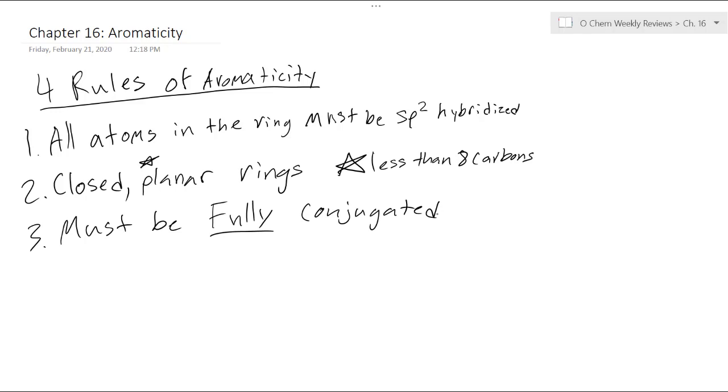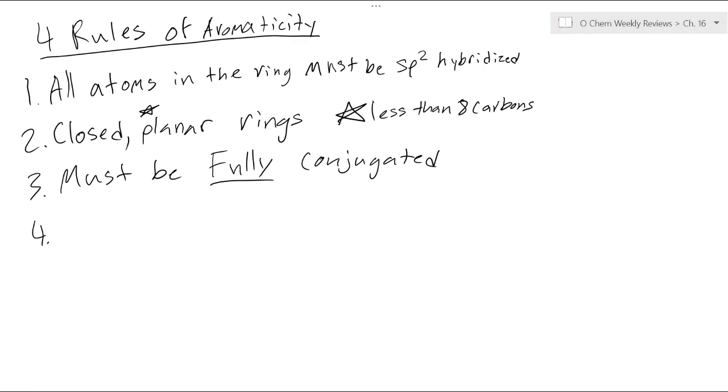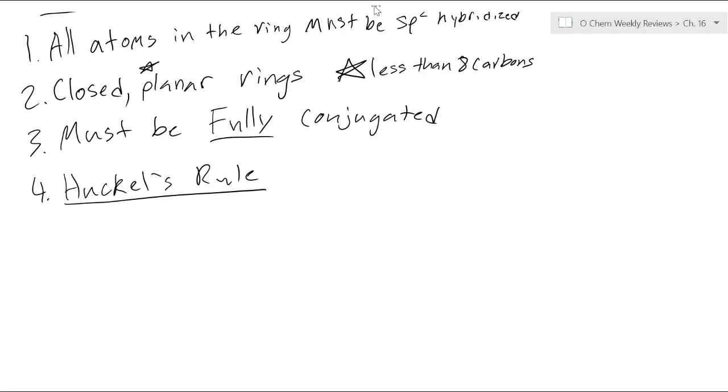Okay. Now, fourth rule, perhaps the most important rule, is Huckel's rule. So Huckel's rule is, now there's 2 different types. So there is 4n plus 2 equals number of total pi electrons found within the ring.